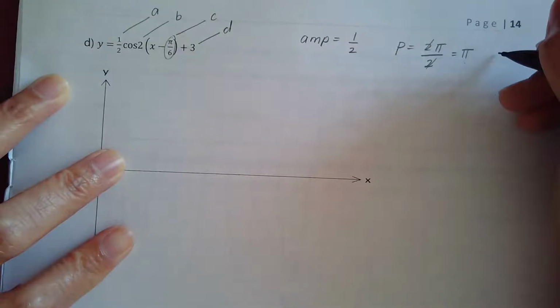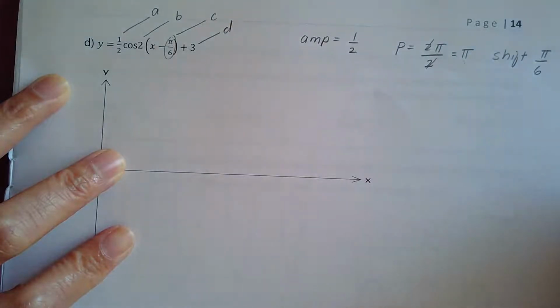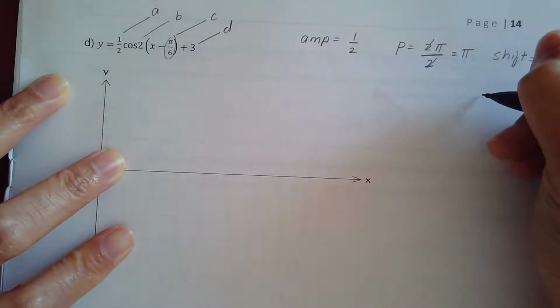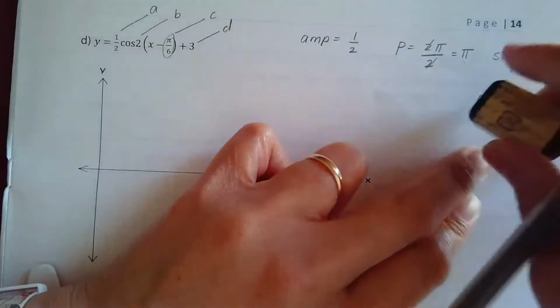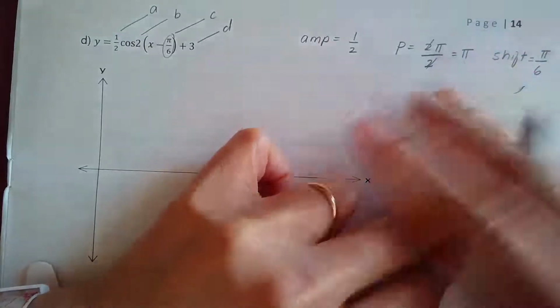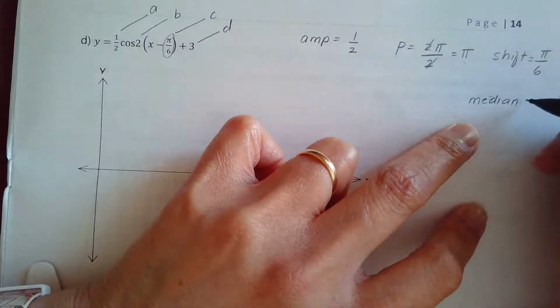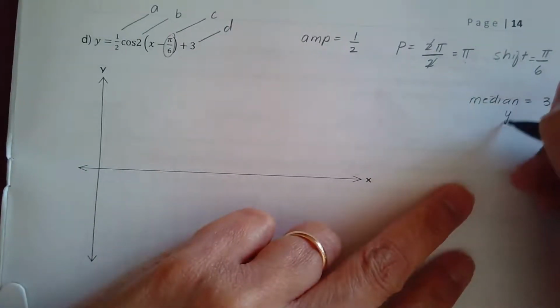Phase shift, so shift pi over 6 to the right. And then vertical shift, the D value is equal to 3. It means the median is at 3. Median is equal to 3. y equals 3.